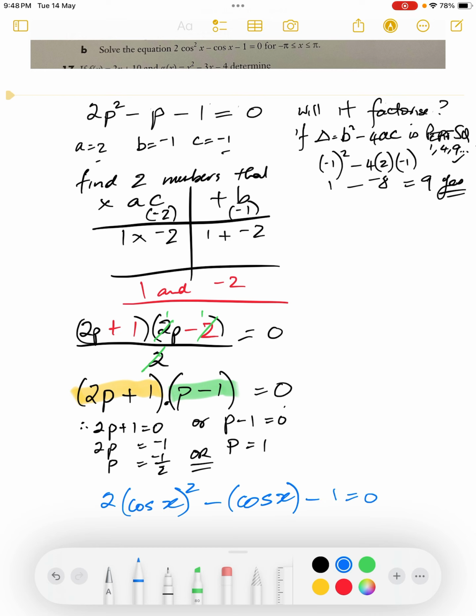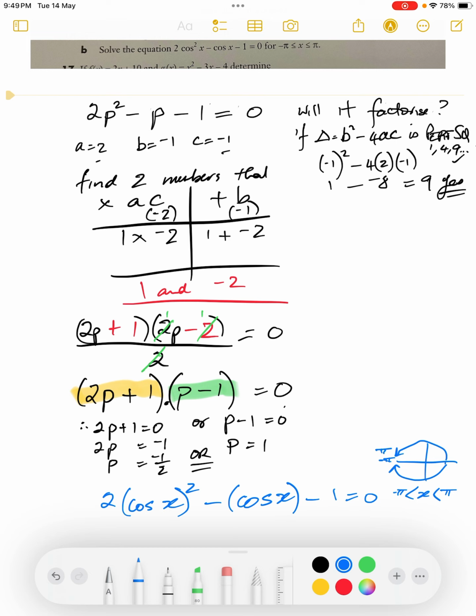Now we were told that x is somewhere between negative pi and pi. So this means negative pi is that way, and positive pi is that way.